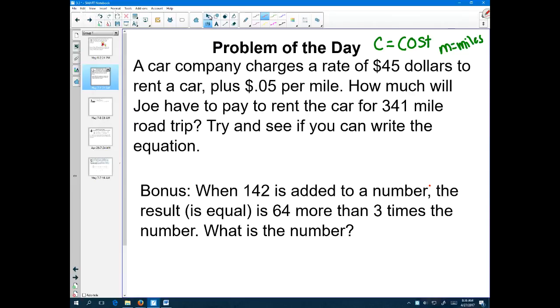Alright, here we go. First thing, let's just solve the problem first, then we'll worry about writing the equation after that. So how do you compare how much it's going to cost them to rent this car for that many miles?